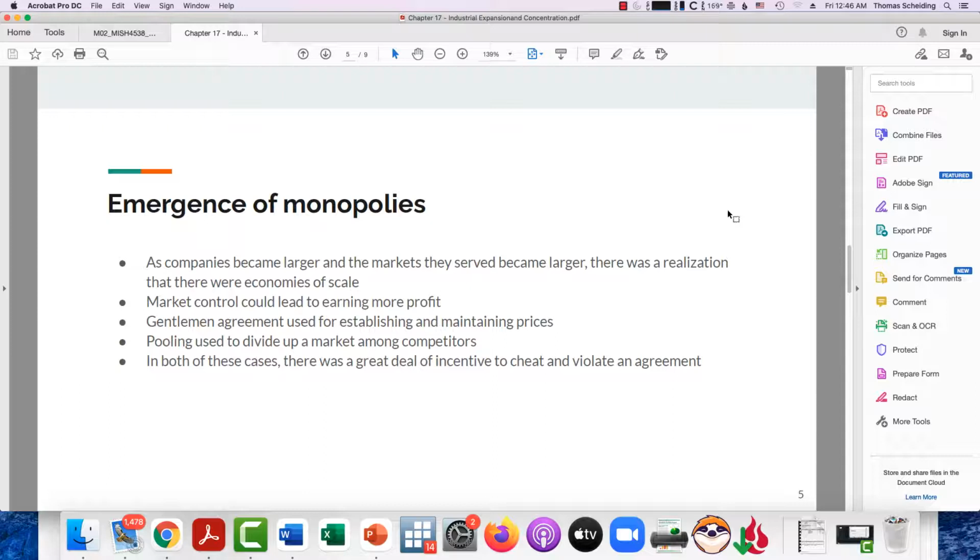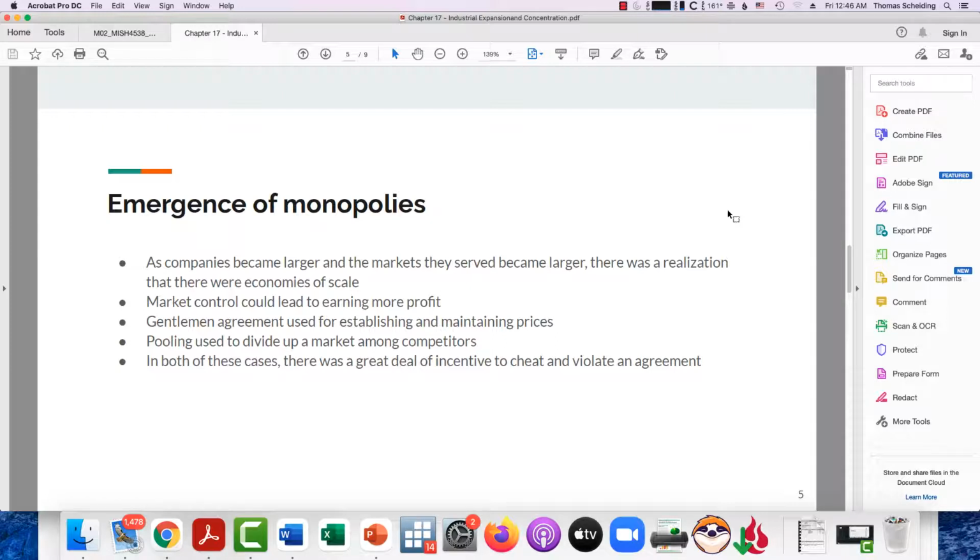Meaning that there's a huge incentive to cheat, basically, and be able to charge a higher price for a product. Or, in some cases, grab the entire market by charging a slightly cheaper price.